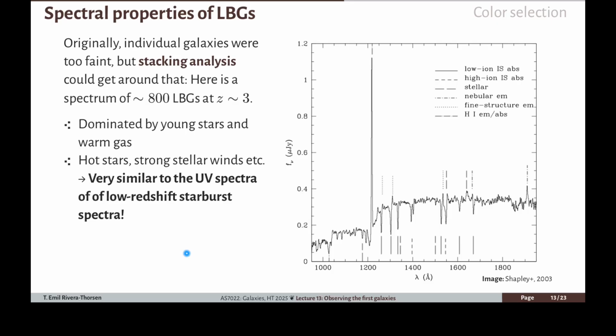So these are very similar to the ultraviolet spectra that we have gotten from low redshift starburst galaxies, which tells us that at redshift 3, the typical galaxy, at least as we could observe it with the Lyman break technique, was a starburst galaxy, or was very similar to what a starburst galaxy in the local universe looks like. So that was quite an important insight, of course. There is still the caveat that we don't know exactly how representative these galaxies are of the general population at redshift 3, but we have found out more about that later on.